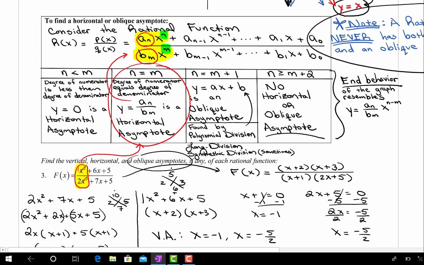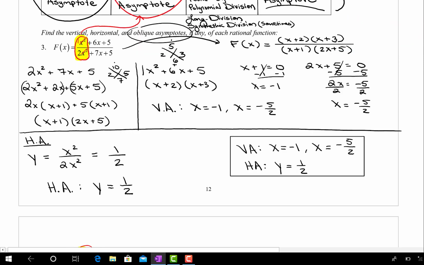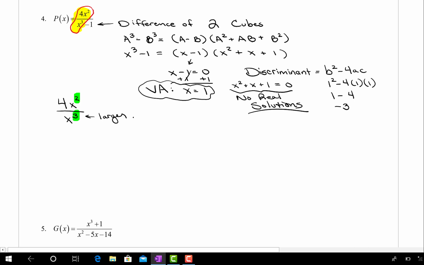So basically, whenever n is less than m, y equal to 0 is going to be a horizontal asymptote. That's what it's saying. Okay? So let's go ahead and write that down. 2 is less than 3, n is less than m.